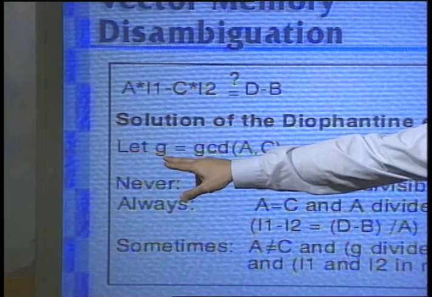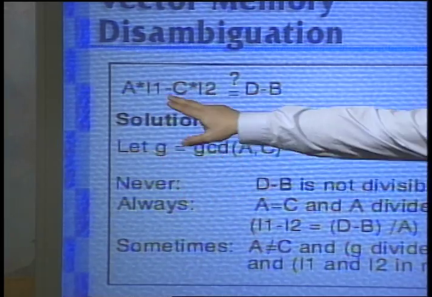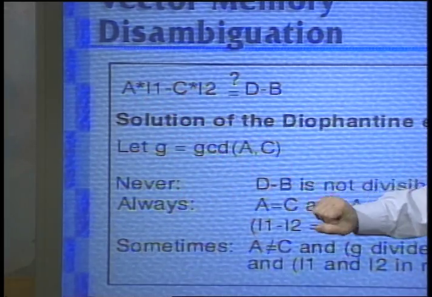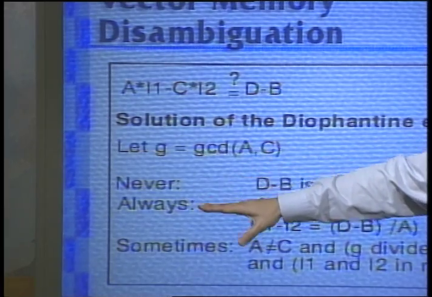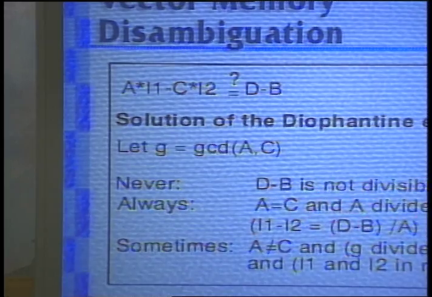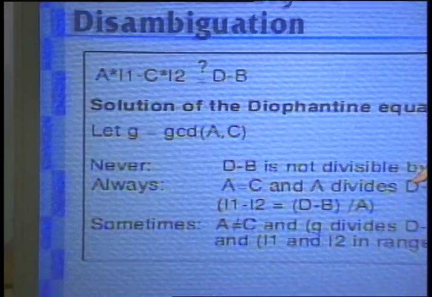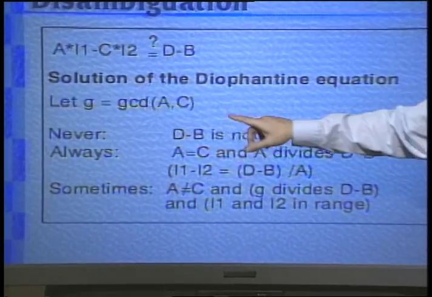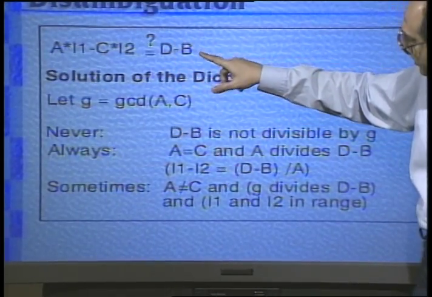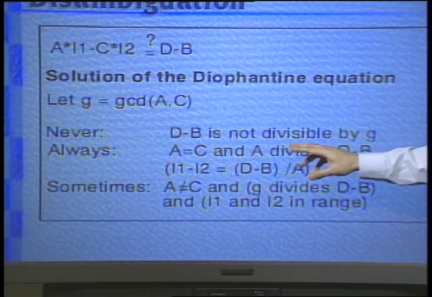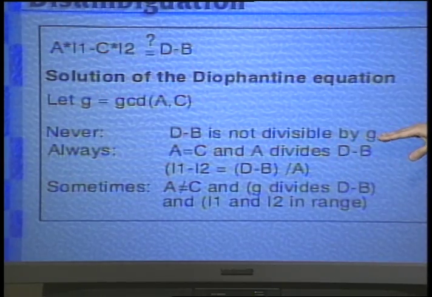To get that, we first let G be the greatest common divisor of A and C. And once we have that, we can get our answer never, always, sometimes, based on which of these three conditions is true. If D minus B is not divisible by the GCD of A and C, then we can be assured that these two references are never to the same location.